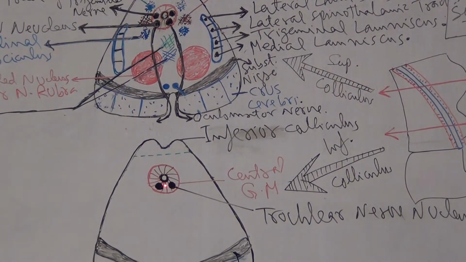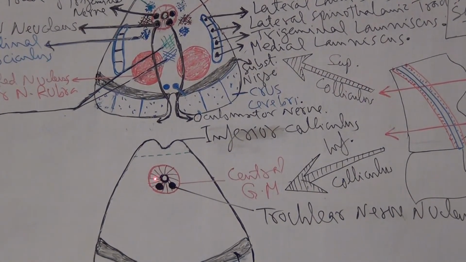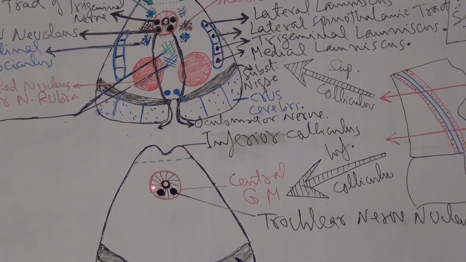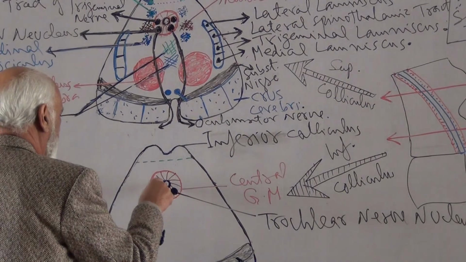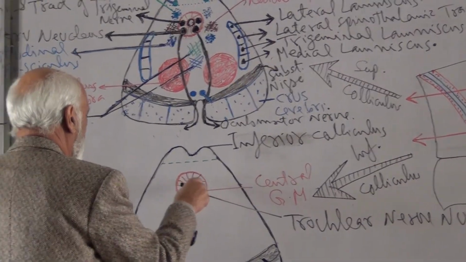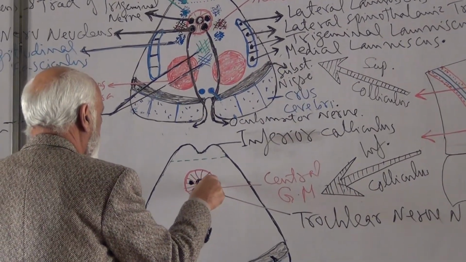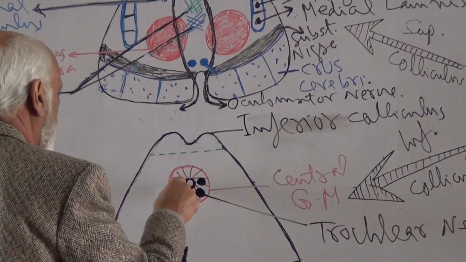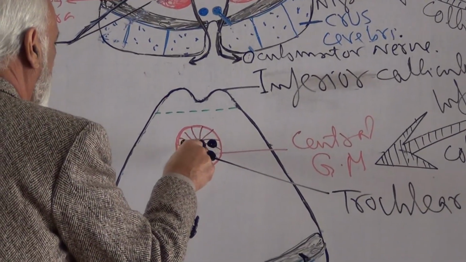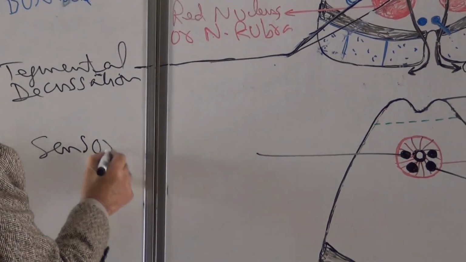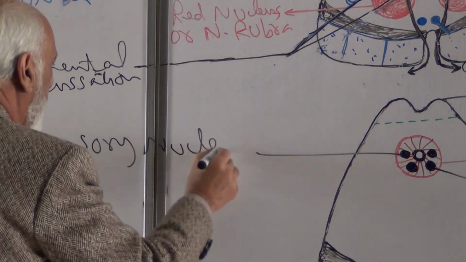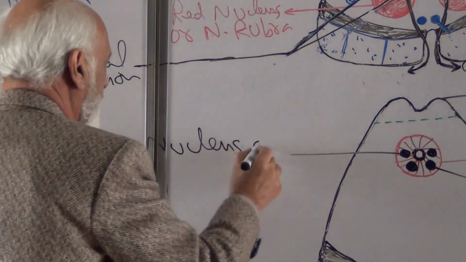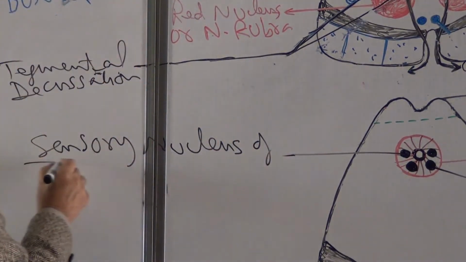Then again in the central gray matter, lateral to the cerebral aqueduct is the sensory nucleus of the trigeminal nerve along with its tract on each side.